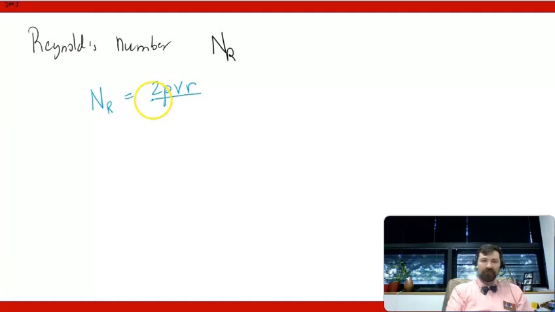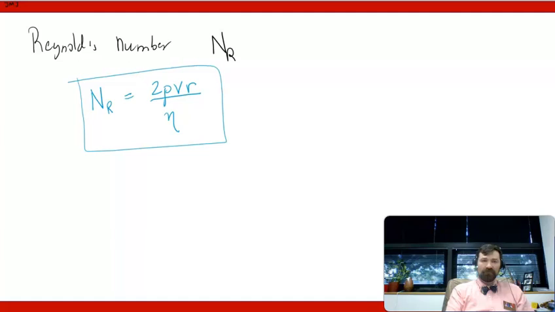So where do these Reynolds number and modified Reynolds number come in? Well, Reynolds number is often represented as N sub r, and it's simply given by the following equation. The Reynolds number is twice the density of the fluid times the speed of the fluid through the tube times the radius of the tube divided by the viscosity of the fluid.